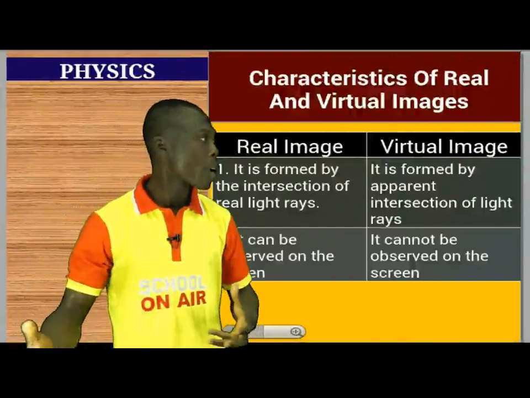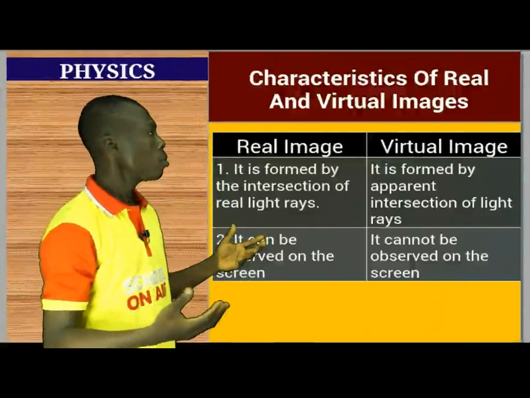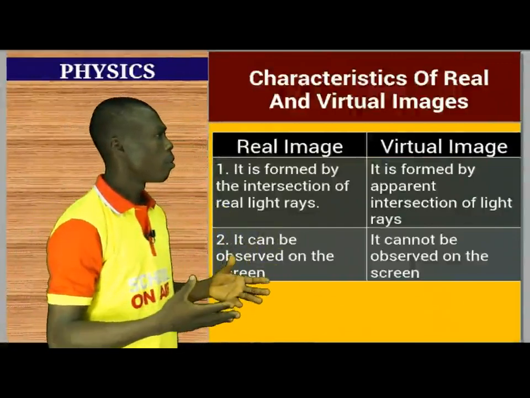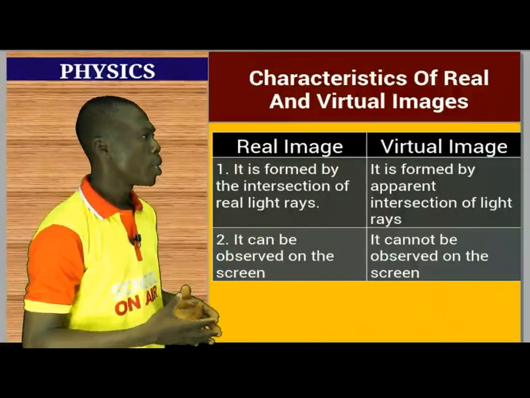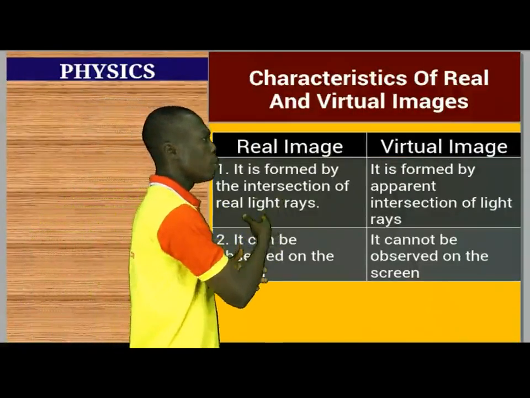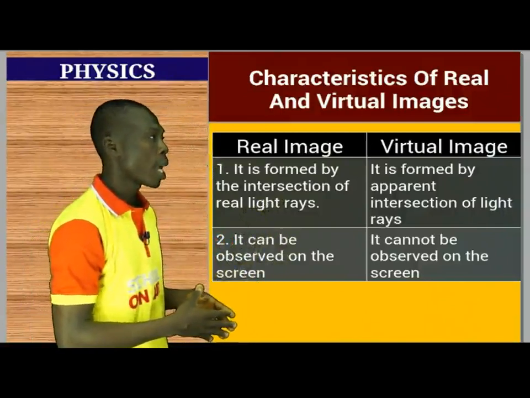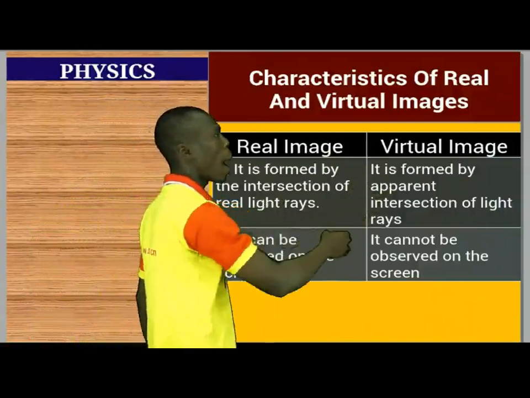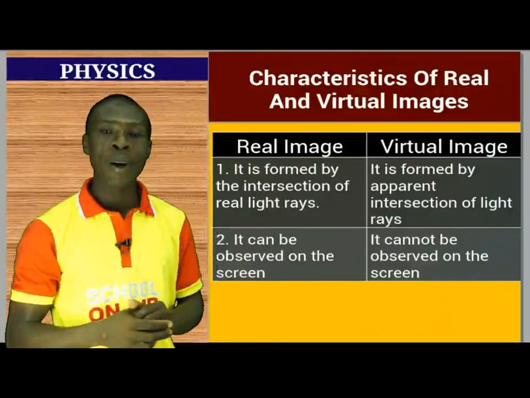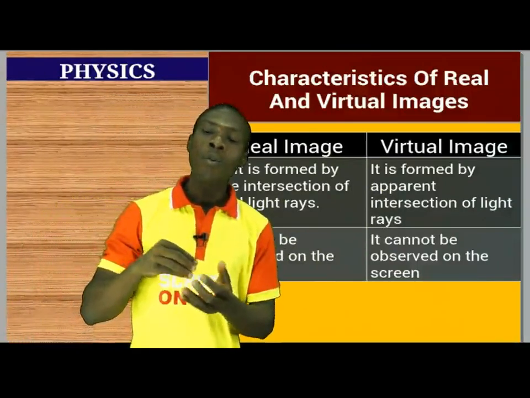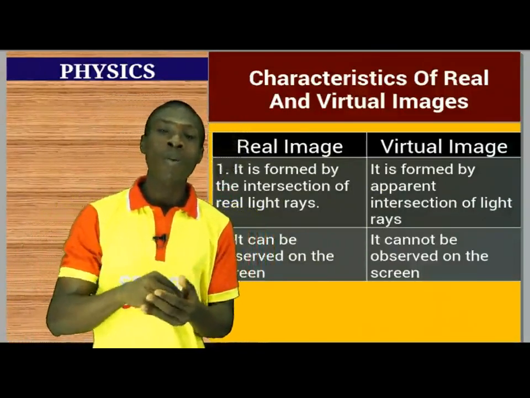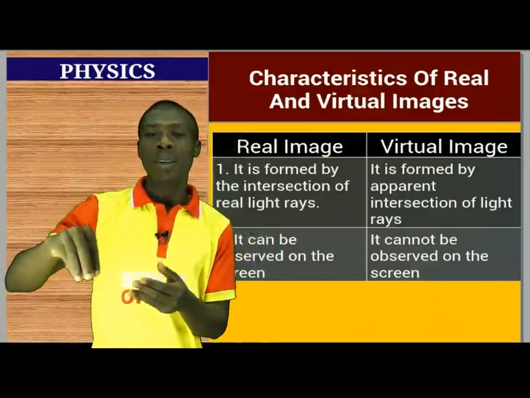So we can have a comparison of real image and virtual image. Now, the real image is formed by intersection of real light rays, and then virtual image is formed by apparent intersection. When we were defining principal focus, we said it is where rays parallel to the principal axis appear to diverge.